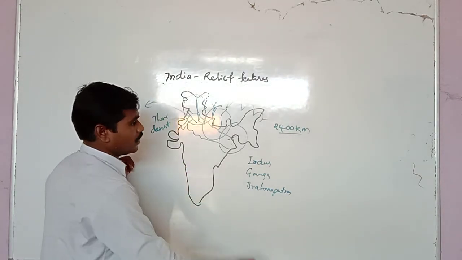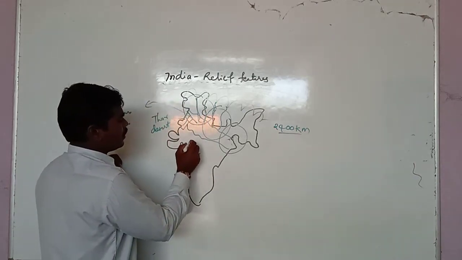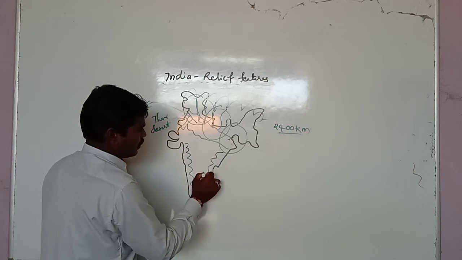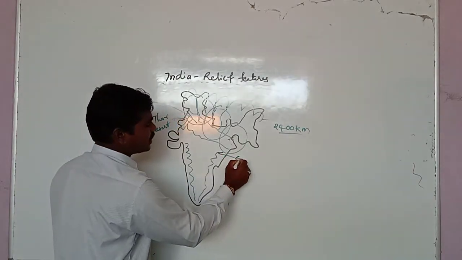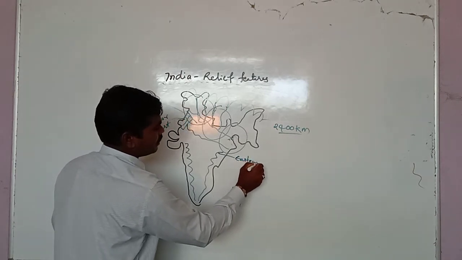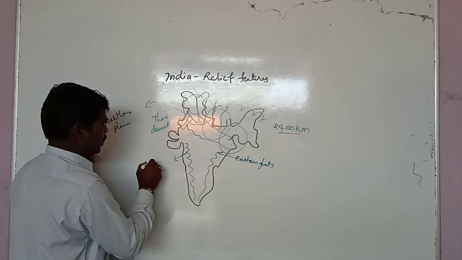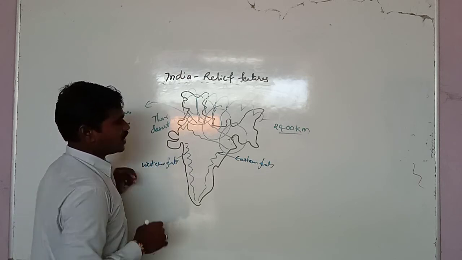The next physical feature is the Ghats or hills. This is the Eastern Ghats, and this is the Western Ghats.